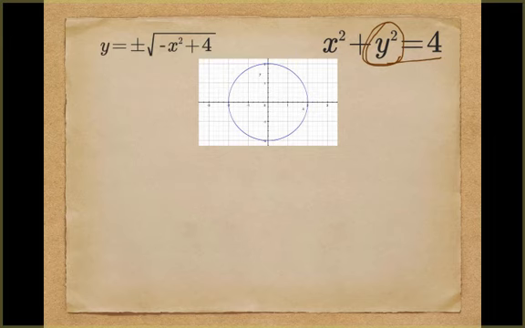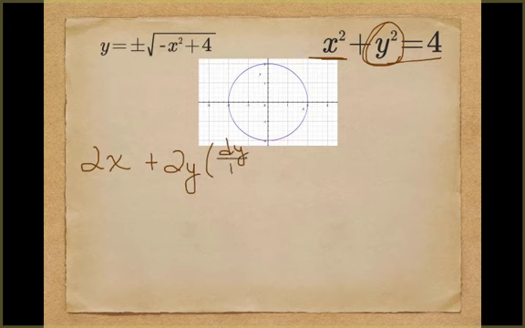So the derivative of x squared is 2x, and the derivative of y squared is 2y, and we always put times dy dx. And that is equal to the derivative of 4, which is 0.